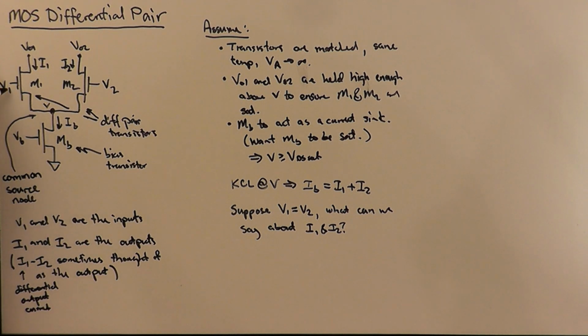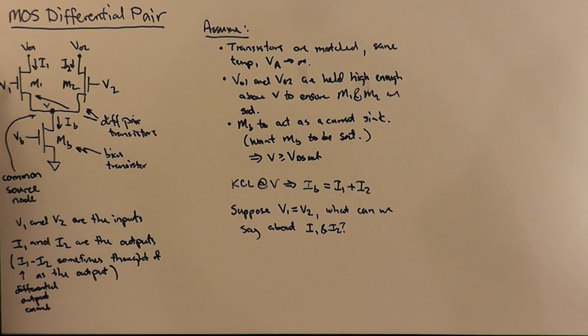And of course the default assumption, if we don't show the bulk terminal, is that they both have the same bulk voltage, which is ground for NMOS by default. So the only thing that might be different in principle is the two drain voltages. But we have assumed that these transistors are guaranteed to be in saturation, and that the Early effect is negligible.